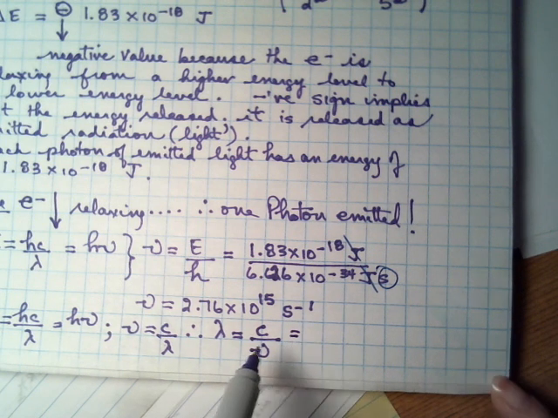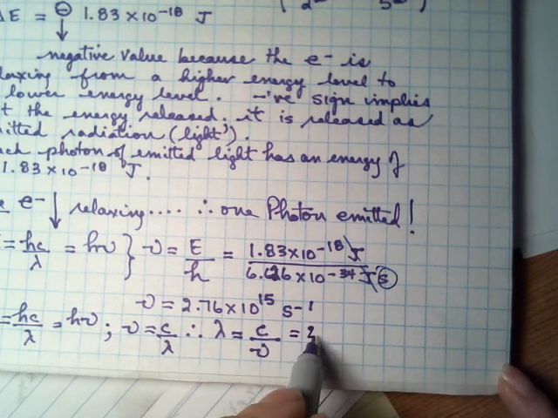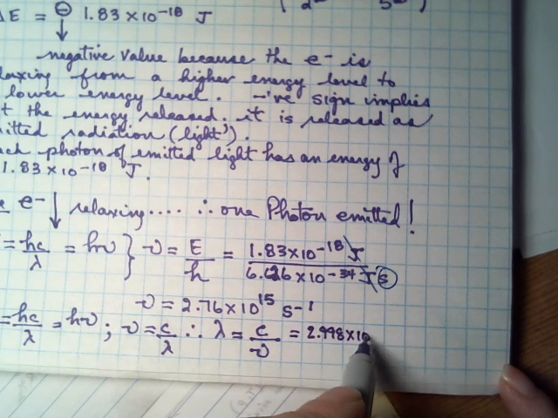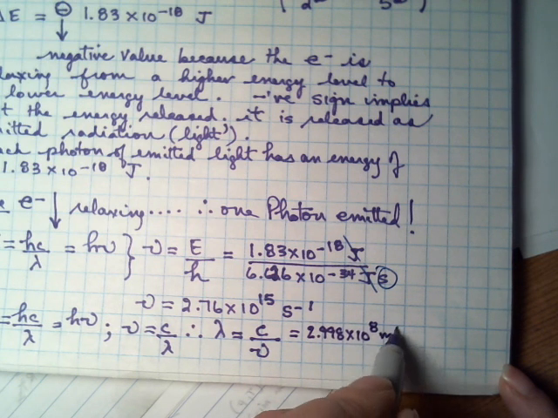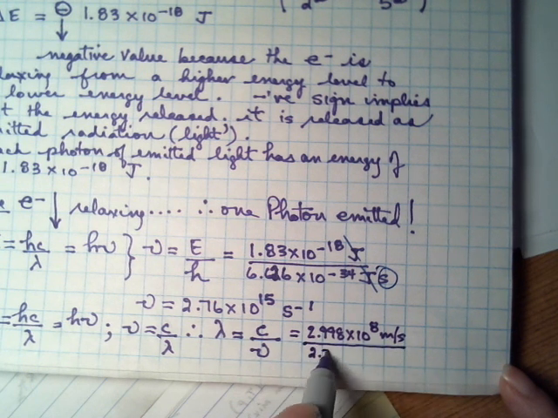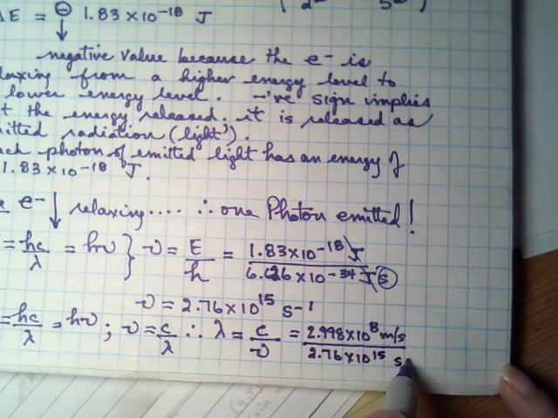So I've got my speed of light, 2.998 times 10 to the 8 meters per second, and that is over my frequency, which was 2.76 times 10 to the 15 seconds to the minus 1, and I will get my wavelength in, I'm just looking at the question, it didn't ask us for any specific unit, so I'm going to leave it in meters.